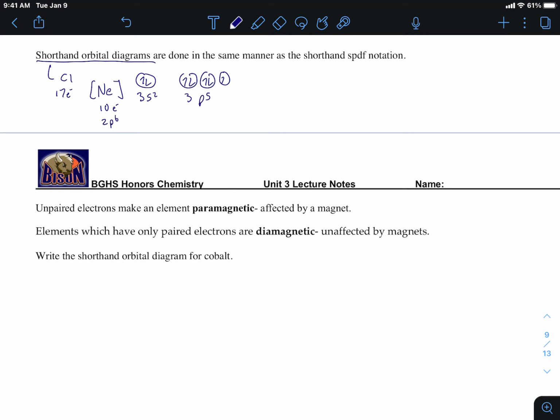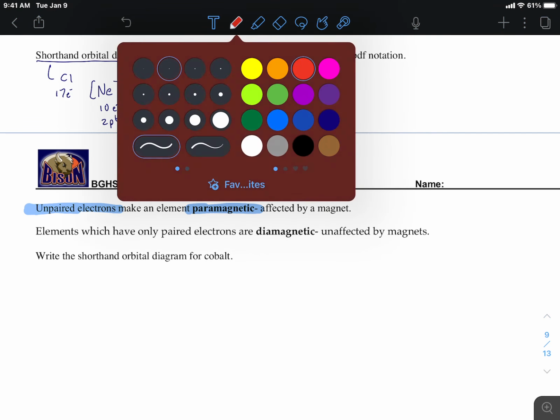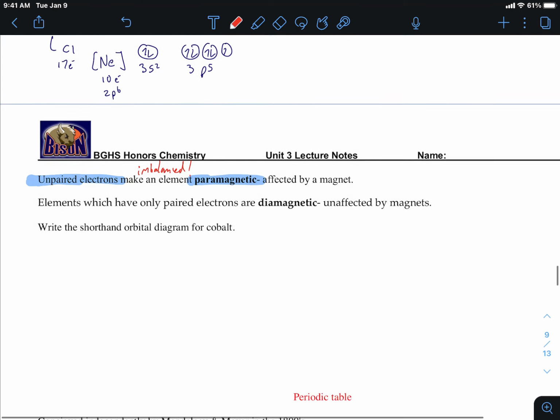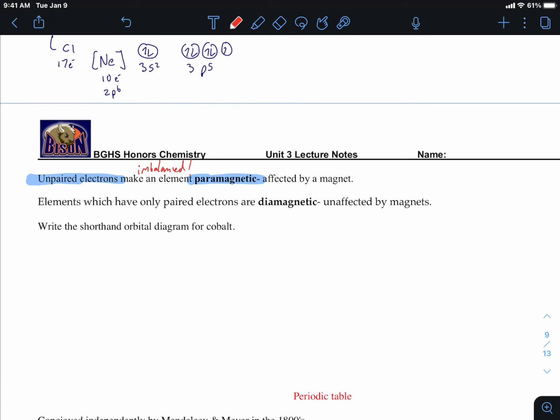When we have unpaired electrons, they cause an imbalance within the electrons in the atom, and we call that paramagnetic. Paramagnetic means it will be affected by a magnet.